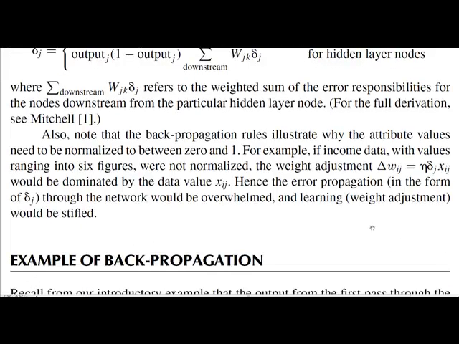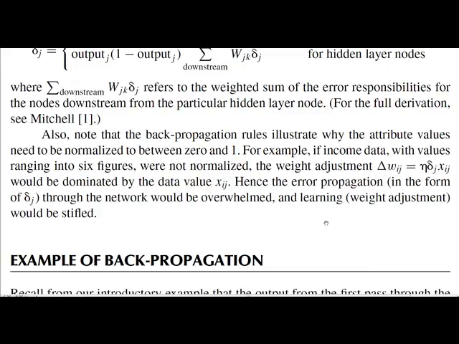Okay, and finally, also note that backpropagation rules illustrate why the attribute values need to be normalized between 0 and 1. Remember, the attribute values are the inputs, the variable values, and they need to be normalized to be between 0 and 1.